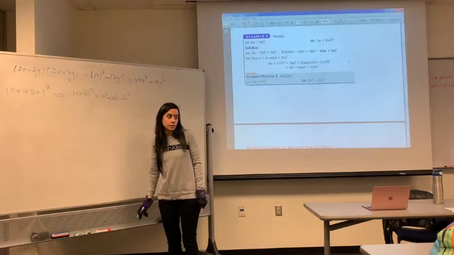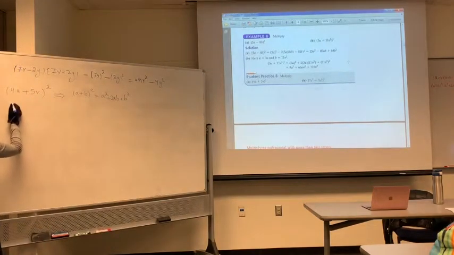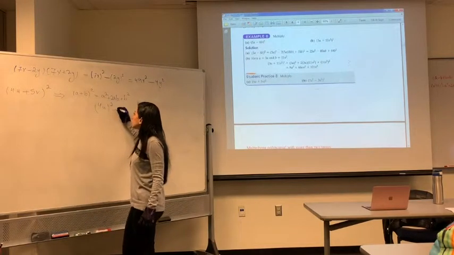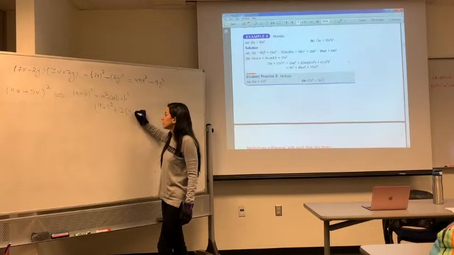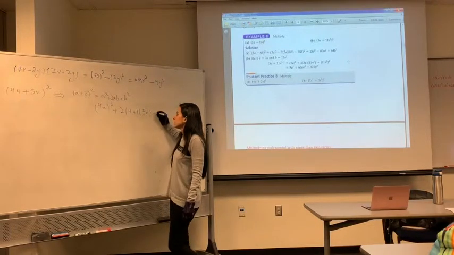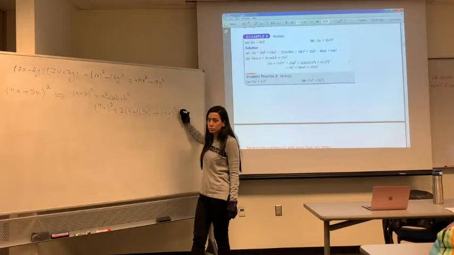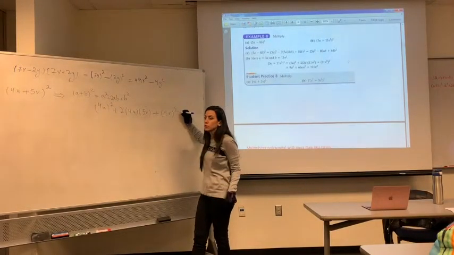Now I'm going to use this. The first term is 4u power 2 plus 2 times the first term times the second term, plus the second term power 2. I just replaced all the terms in this formula.